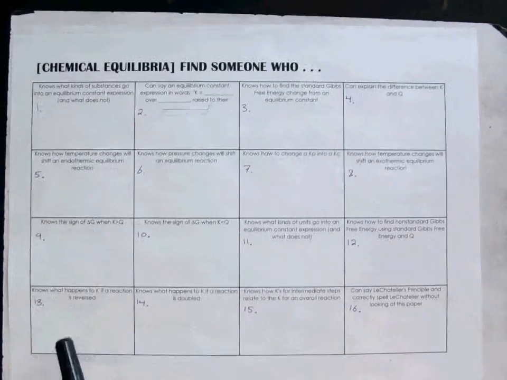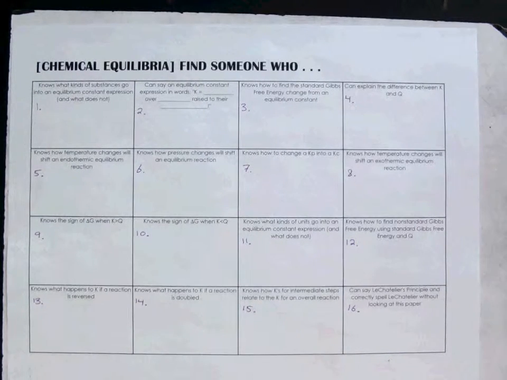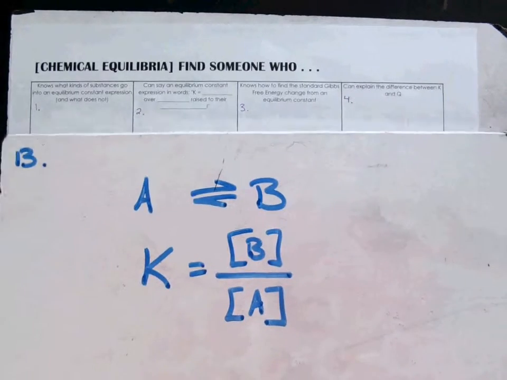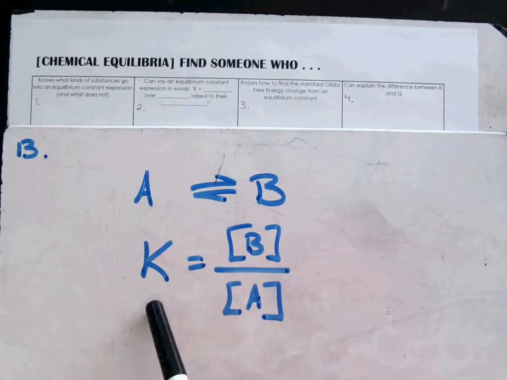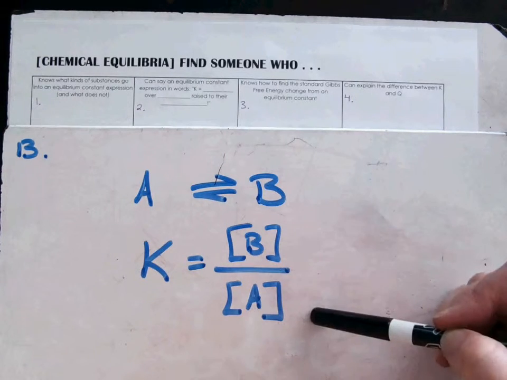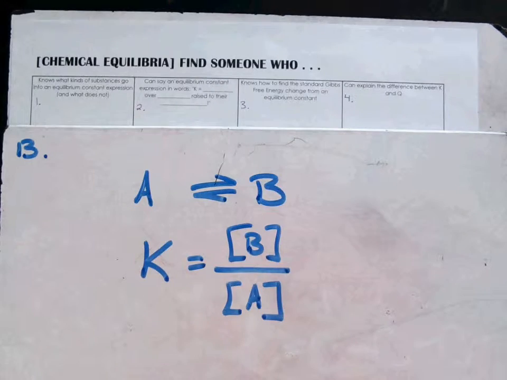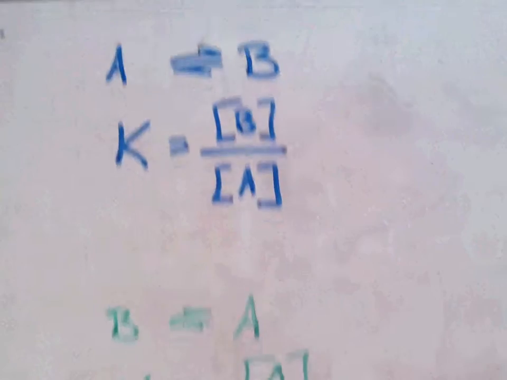Okay. 13 says, what happens to K if a reaction is reversed? A little example. If I have an equilibrium where A becomes B, my K expression is, of course, molarity of B over A, products over reactants. If I reverse the reaction, my reactants become products, and my products become reactants.